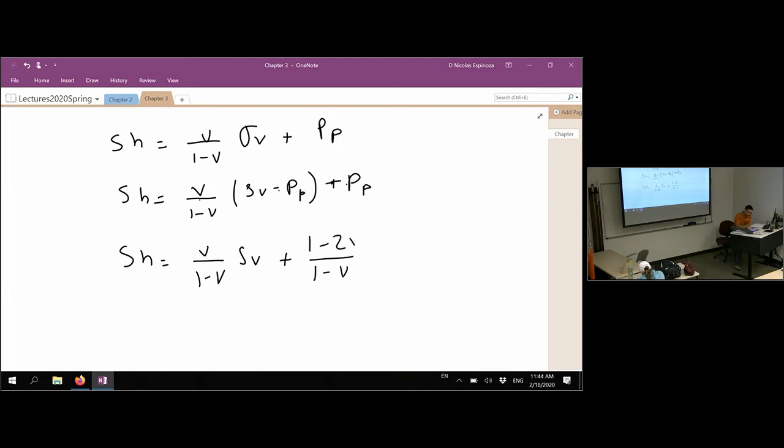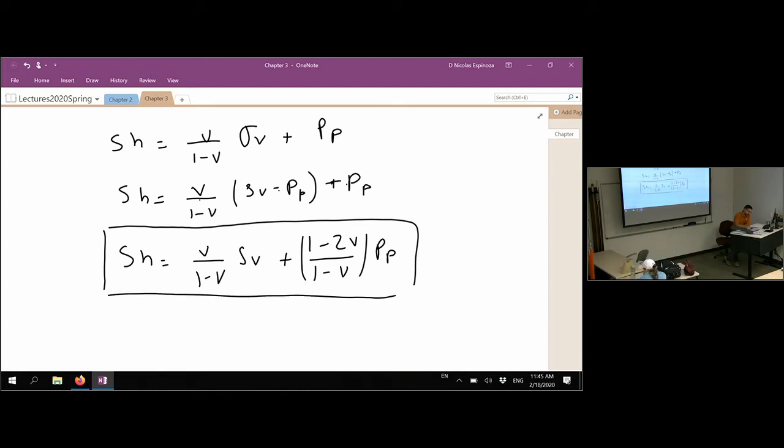It's going to be this, right? Let me check. Yeah, that should be correct. So if I know the vertical stress and I know the pore pressure, now I can get the absolute value of the horizontal stress. If we wanted to have an absolute value, this is what you have to use.